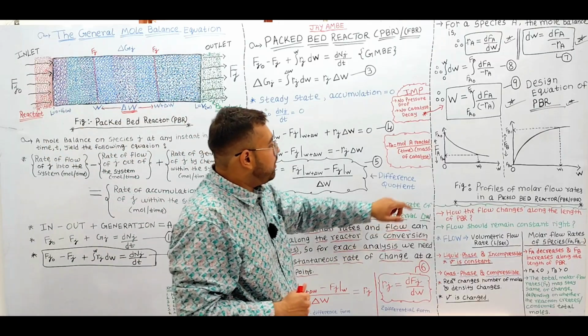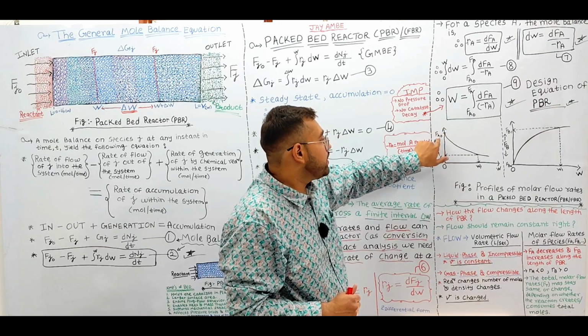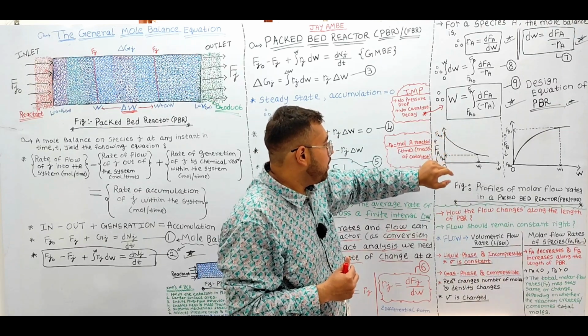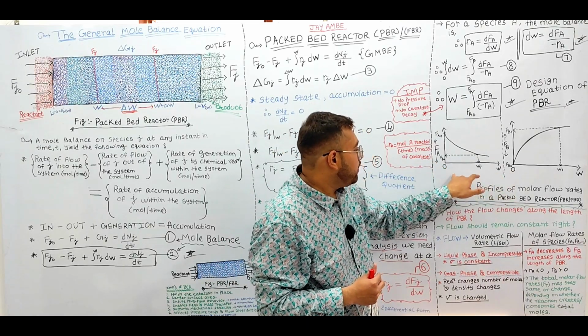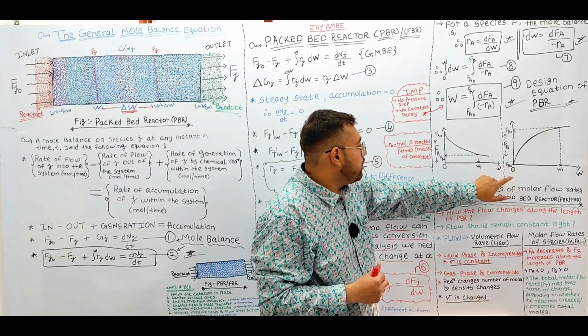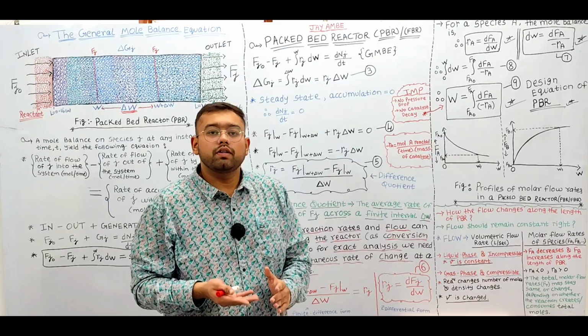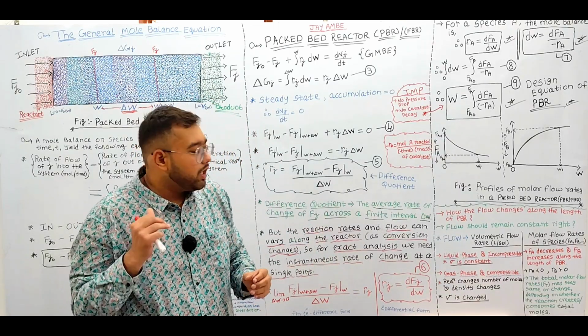At the inlet part, we have the higher concentration of the reactant species, so we are starting from here. These are the reactants and these are the products. At the inlet part we have no products, because the reaction has not started, due to which we have zero product present at the inlet.